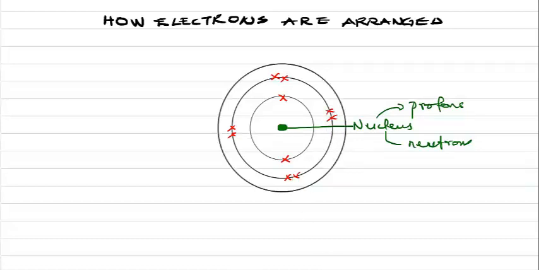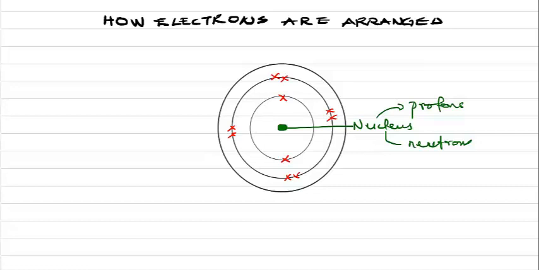Of course, you will expect the third shell to have a higher energy level compared to the second and the first shell. So the third shell can take up to 18 electrons, but for the first 20 elements, we fill it up to 8 electrons only.